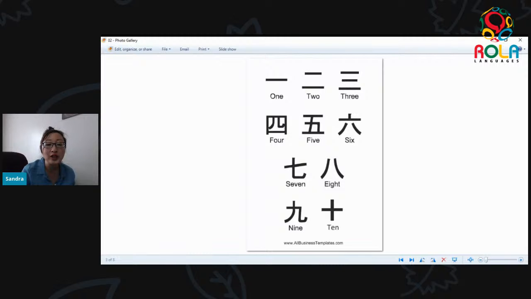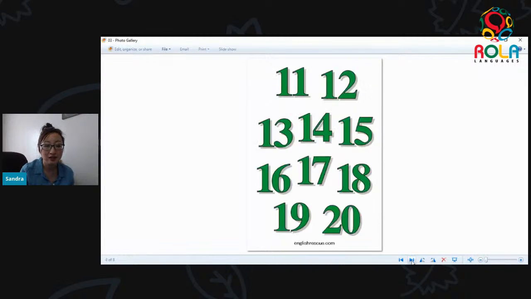But next up, how do we count over 10? How do we count 11? For 11, what we do here is simple math. We put 10 and yi together, 11.